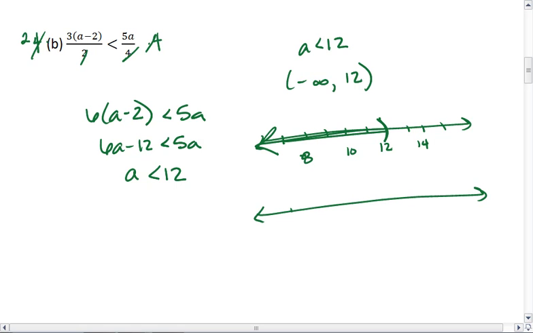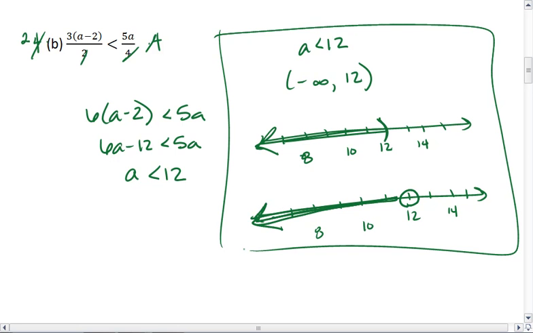Or if you want to do it the other way, we use an open dot at 12 to indicate that we do not include the value of 12. And we thicken the other way. So these are all the correct solutions for the value of a.